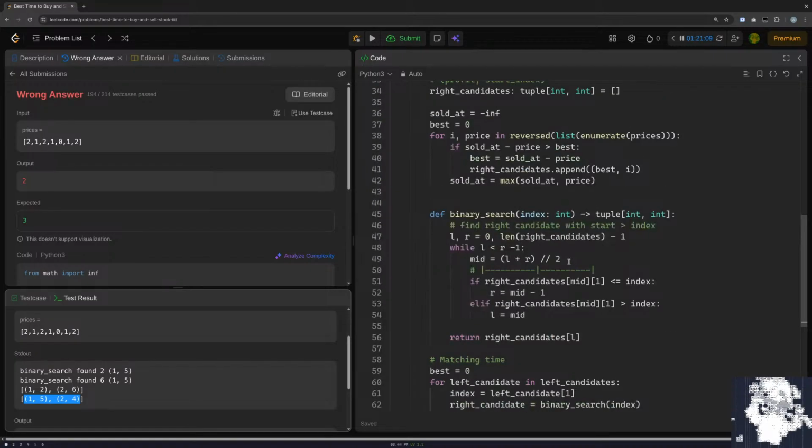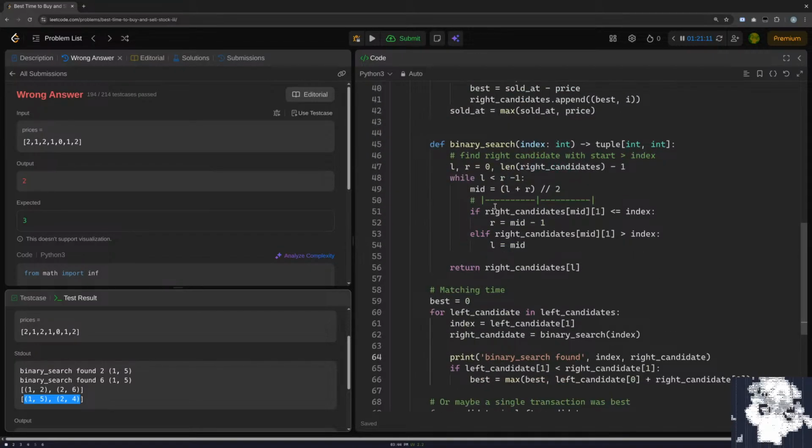So let's look at the binary search. I'm looking for 2. Index is 2.